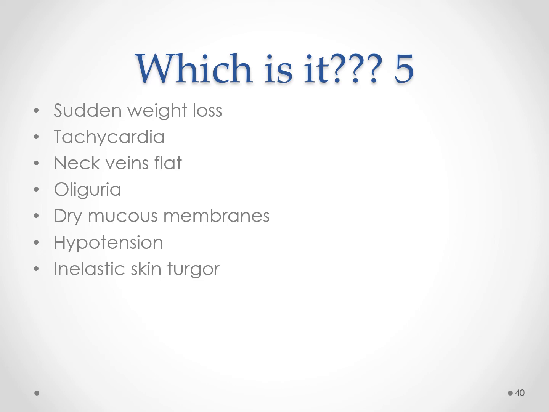So oliguria, sometimes urea. Okay, so dry mucous membranes, hypotension, which kind of goes along with tachycardia, right? If the heart's pumping super fast, it doesn't get a good pump in. Inelastic skin turgor. So skin turgor isn't bouncing back, it's kind of slow. So what do you think this is?